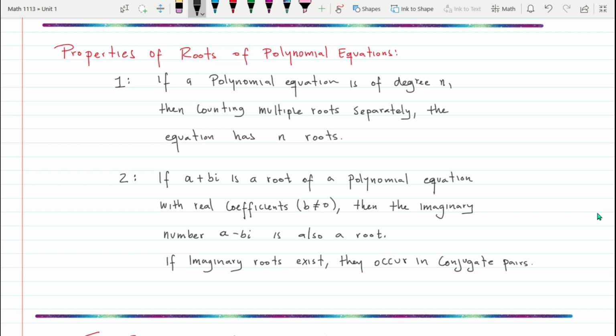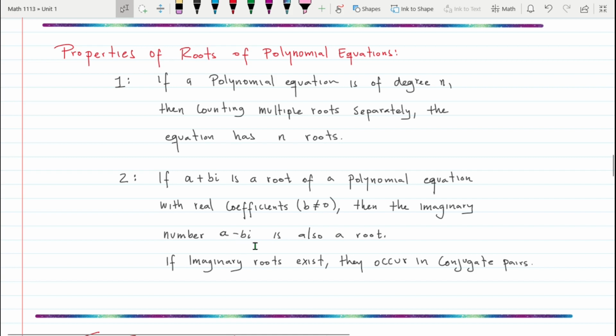The second property that we want to talk about is if the polynomial has complex roots. So for example, if a plus bi is a root of the polynomial, with b not equal to 0, meaning that we have a fully complex number, not a real number just by itself, then the imaginary number a minus bi is also a root.